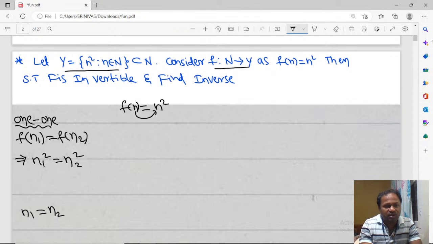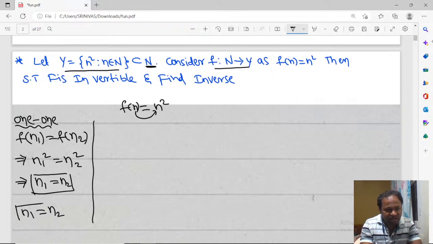Actually, by removing the square, we will get plus or minus, but natural numbers means we won't have minus. That's why n1 is equal to n2. So whenever elements are equal, images are equal. That means it is a one-one function.